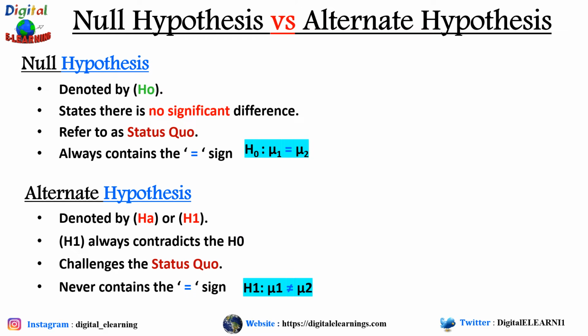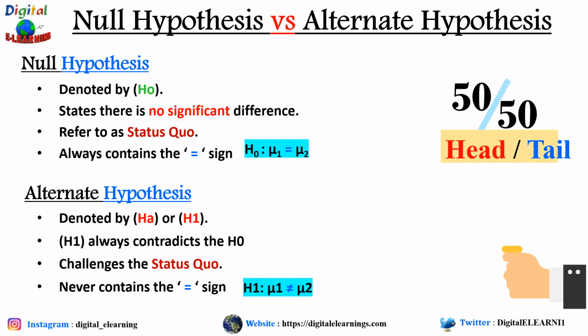Now, out of the null or alternate, only one can be true. There can never be a scenario where both suggestions are true or both are false. Either the null is true or the alternate is true. Let's take the same case. We flip the coin and ideally get 50 tails and 50 heads out of 100 flips.